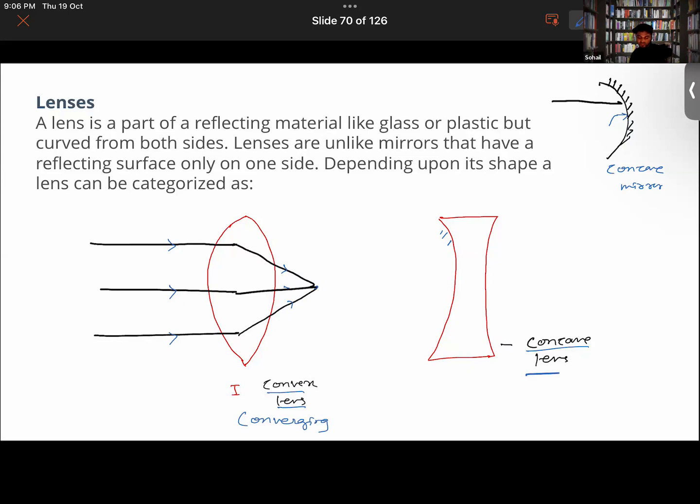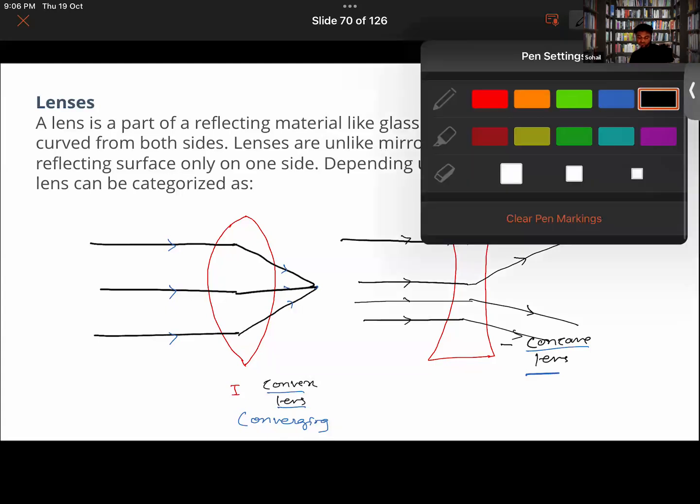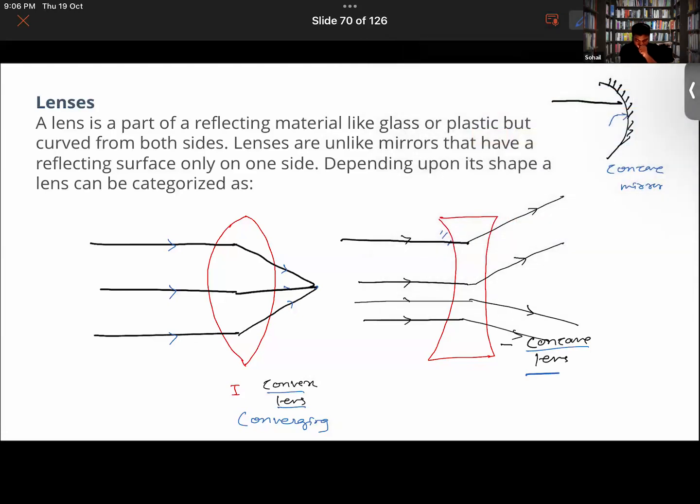While for the concave lens, look here, when the light rays fall on it, it will be diverging. Getting it now? So we say that concave lenses are diverging. Now look at this concave lens and this concave mirror.